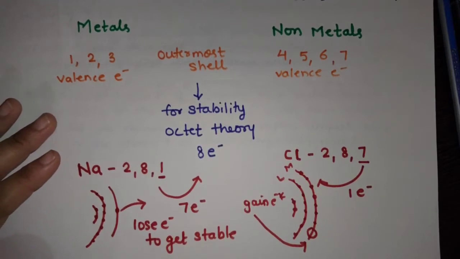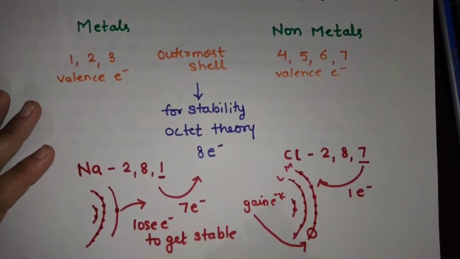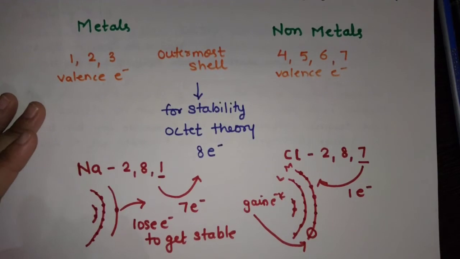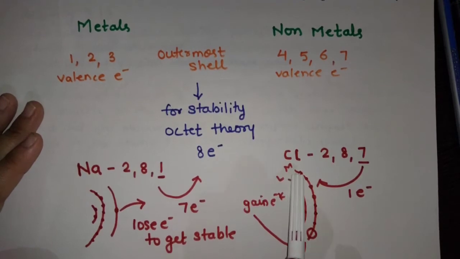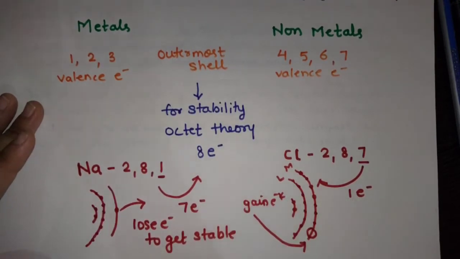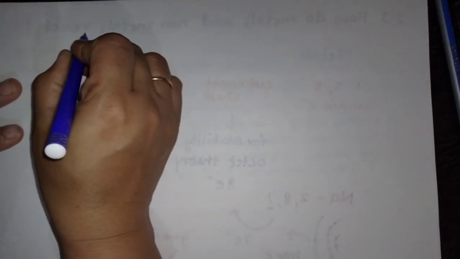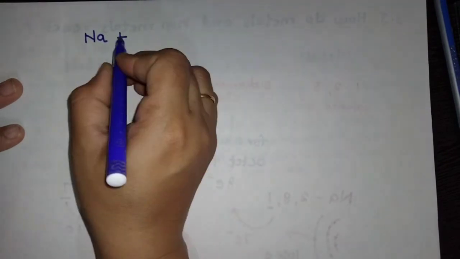Now let us talk about the formation of the bond between sodium and chlorine, that is, between a metal and a non-metal. How does the formation of the bond take place?